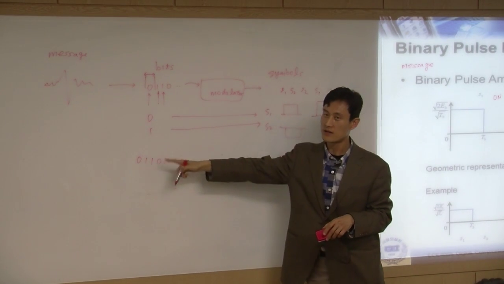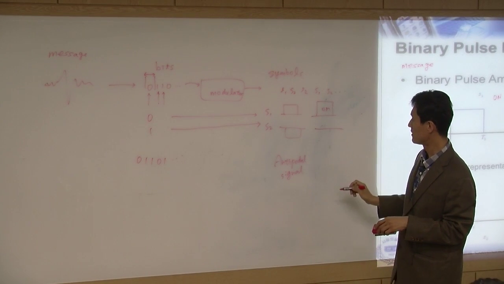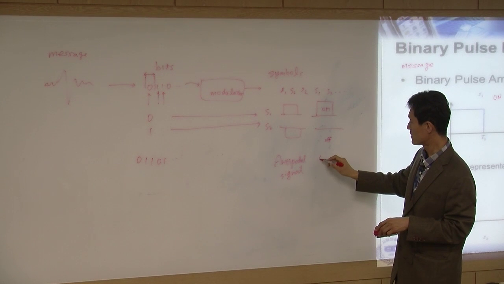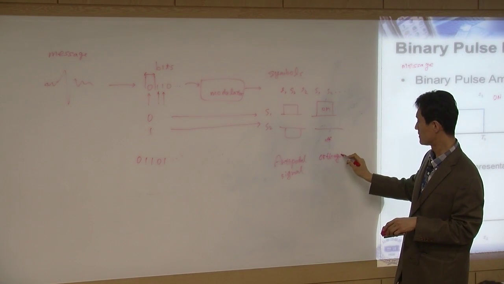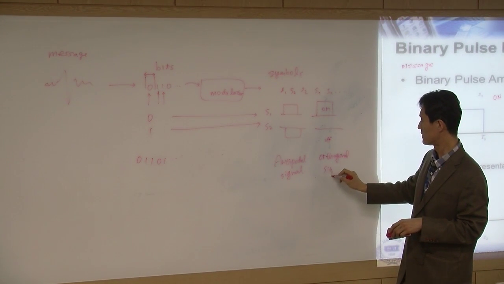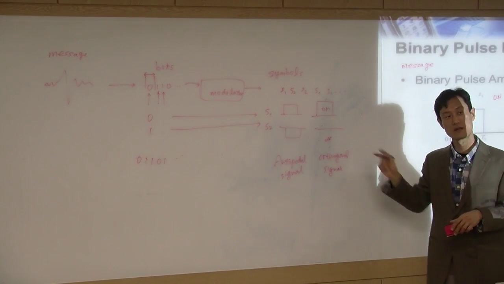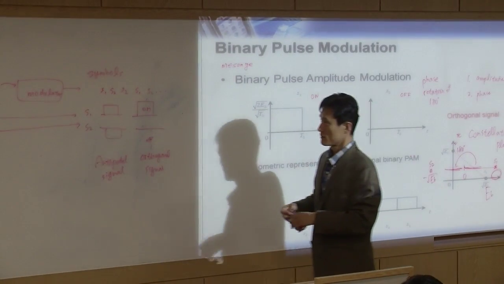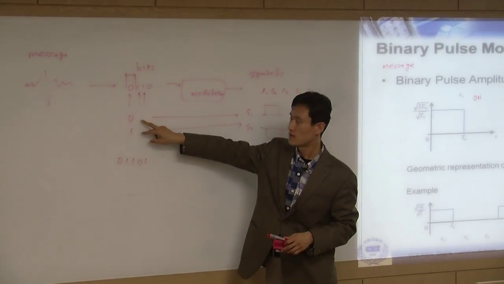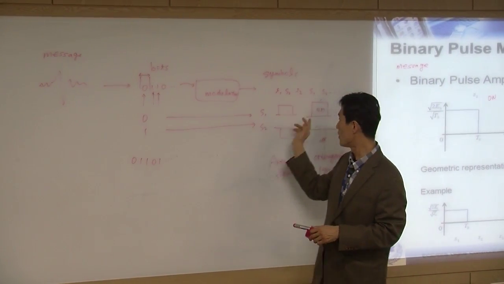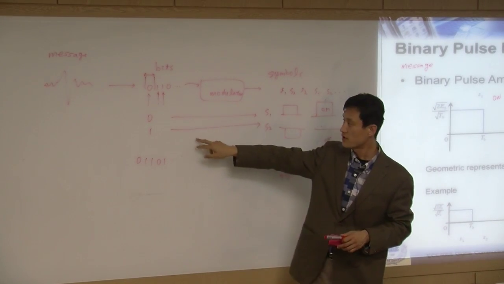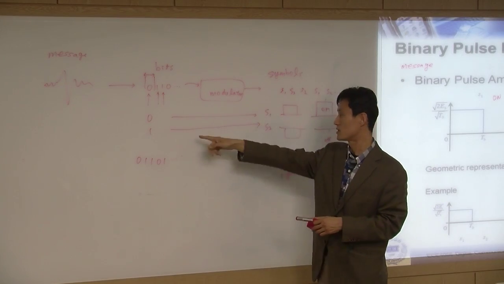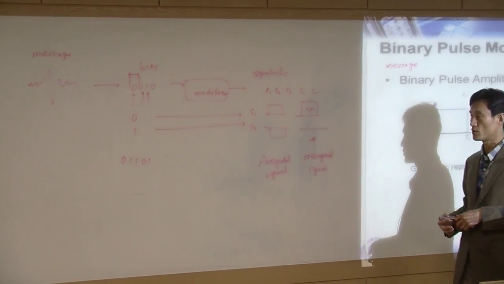When we have 1 in the bit, we have nothing, meaning off. So that is orthogonal signal. In this example I put 0 on, 1 off, but if you like, you can reverse it. You can put 1 on, 0 off. It's up to you.